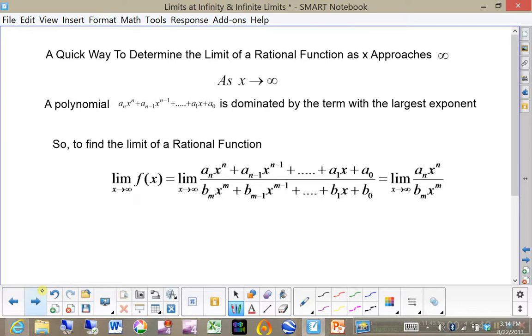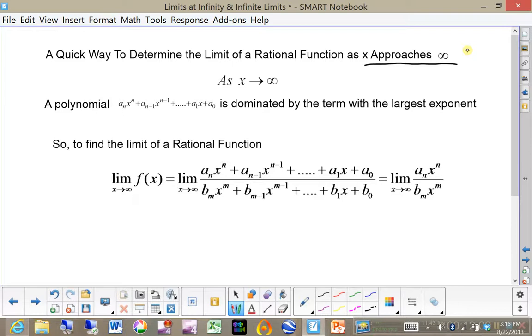Now, I want to show you something that is not exactly in the textbook written this way, but I have found it a quick way to determine the limit of a rational function as x approaches infinity. And it's something that you learned in college algebra or pre-calculus.